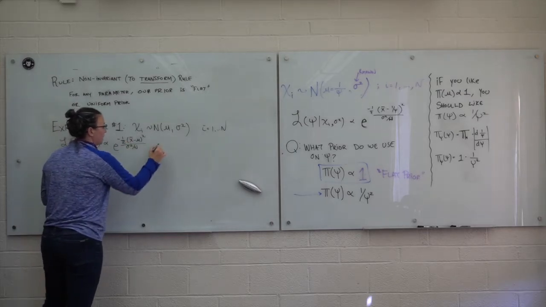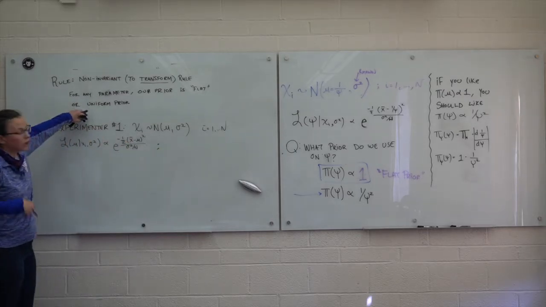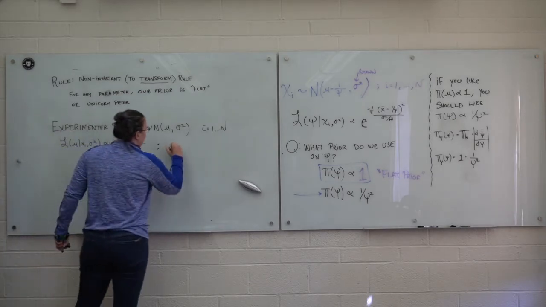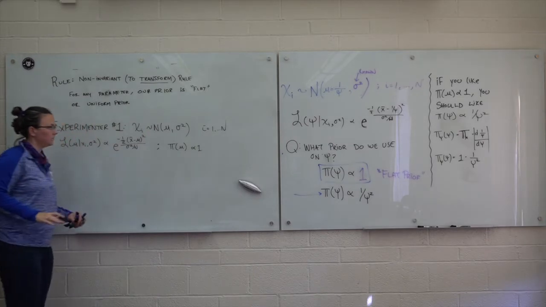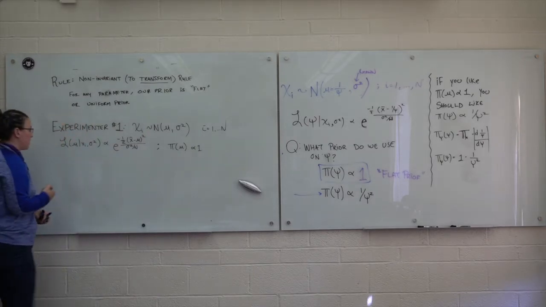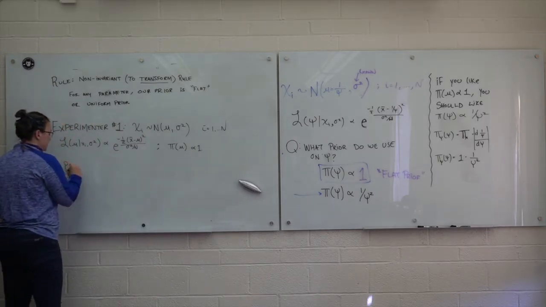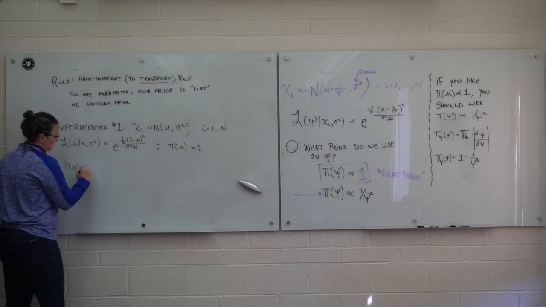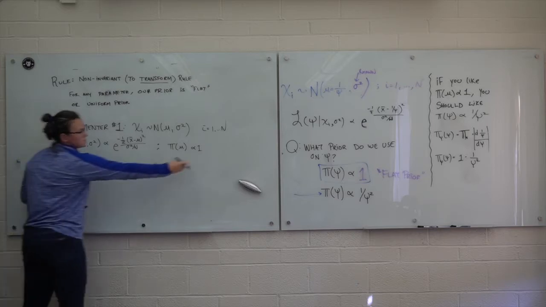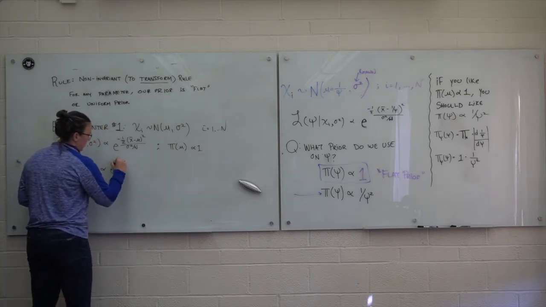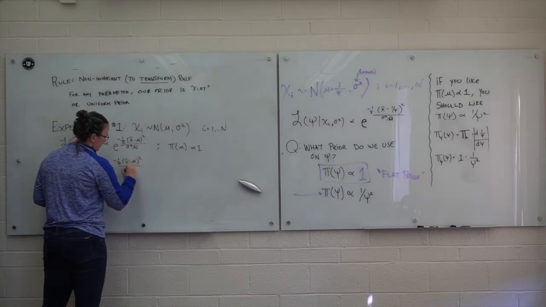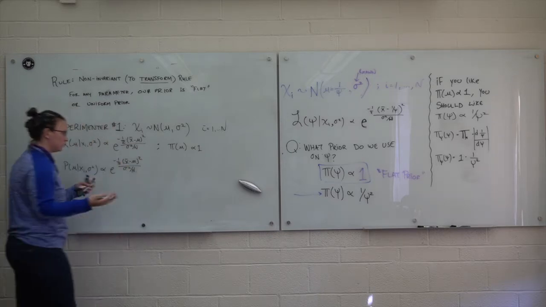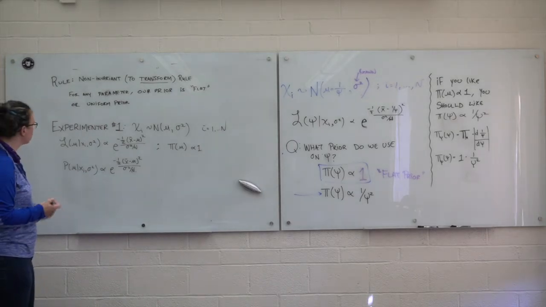And our prior, because this is the rule we're going to use, is saying pi of mu is proportional to 1. Based off right here, we can make our posterior. Our posterior for mu is likelihood times prior, so we get the exponential of negative 1/2 (x bar minus mu) squared. Okay? Simple. We've done this before in this class.